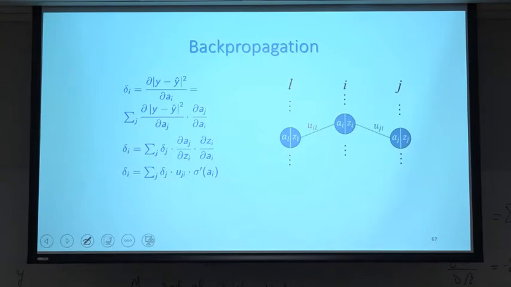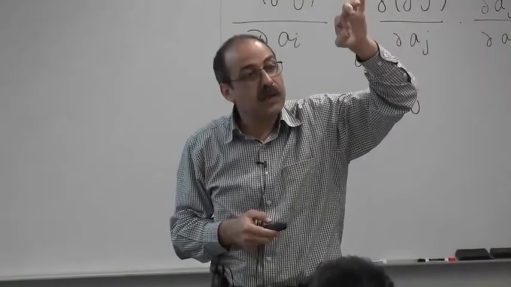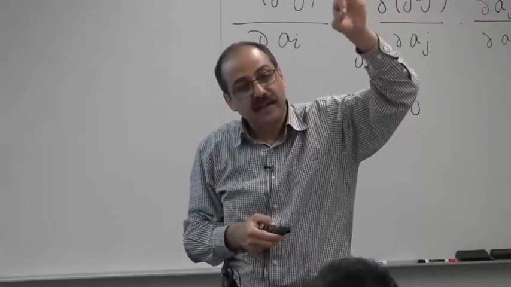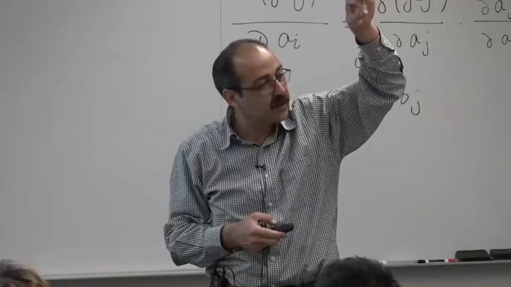Delta I is unknown. But delta I itself can be computed in terms of delta J. Delta J itself can be computed in terms of delta K, right? And I can go over and over up to the last layer. And I can show you that delta for the last layer is trivial to compute.